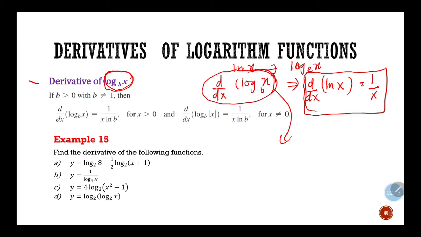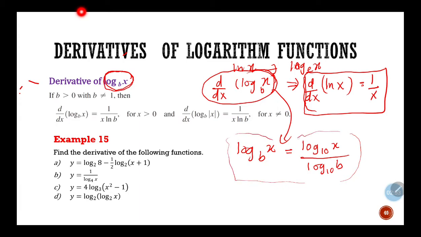Did you learn before how we change the base of the logarithm? I think you all learned this before: log x base b equals whatever log that you want to change the base to. Say you want to change to log base 10, it will be log x base 10 over log b base 10. Remember? I have been out of school for decades, but you all just left school a few years ago. I think you learned this in secondary school, or matriculation, STPM, diploma, all have learned how to change base of logarithm.